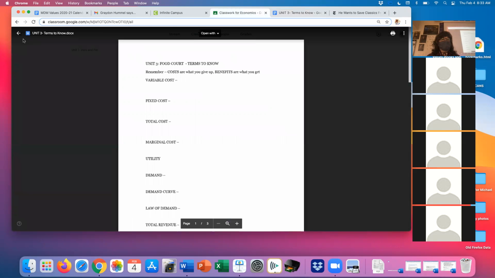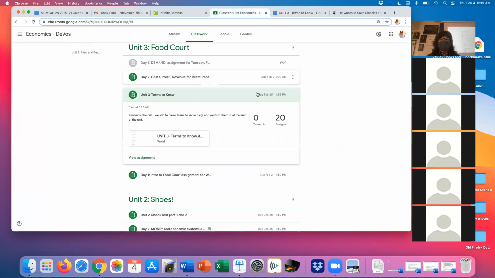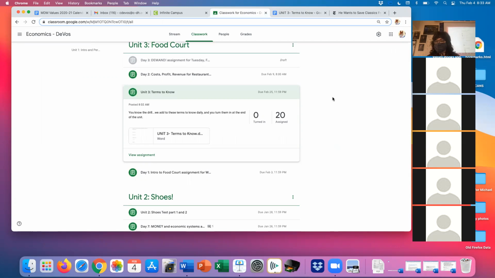All right. And again, we're not turning this in until February 25th, when we hit the end of this unit. So now let's do some talking about costs themselves. Let's do some action with them. Oh, wait a minute. Sorry, go back to your terms.